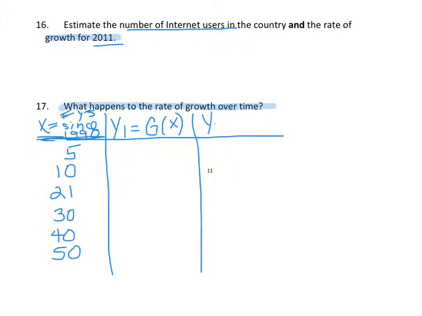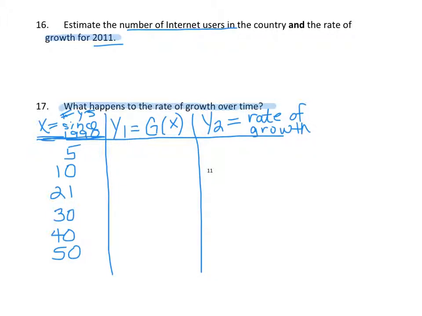Y2 is your growth rate. How fast is your population growing in that year?